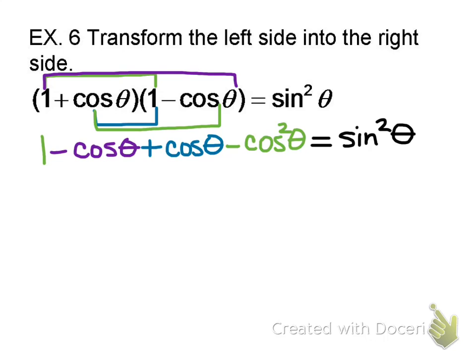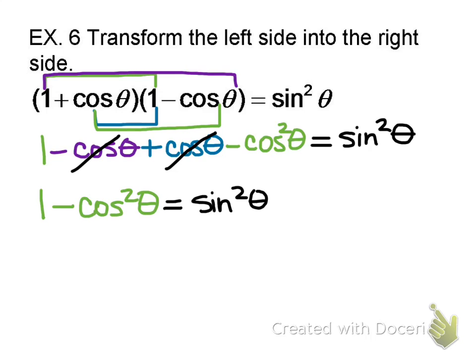So now on the left-hand side, I want to go through and simplify. If you notice the negative cosine theta and the positive cosine in the middle, those are going to cancel out. So on the left, I now have 1 minus cosine squared equals sine squared. Now I'm going to go out to the side and do a little bit of work using one of our identities.